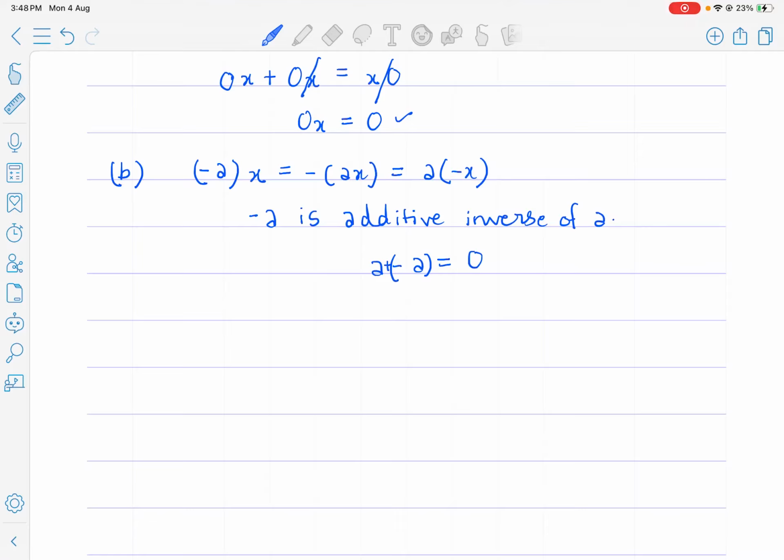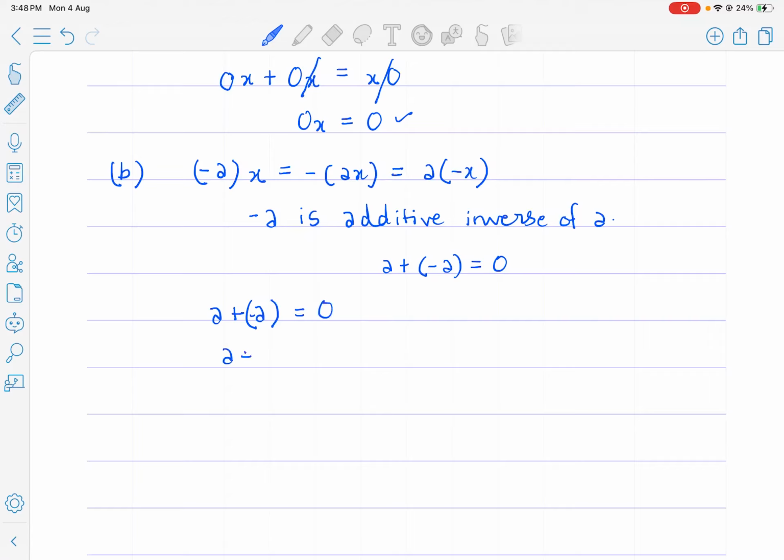So we consider a plus minus a, and this is equal to 0.